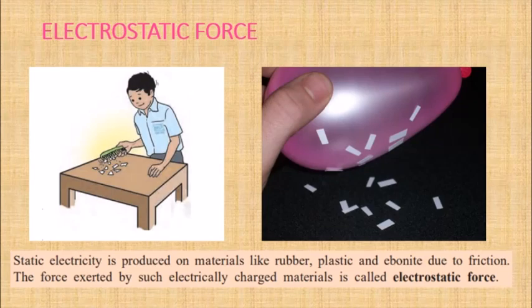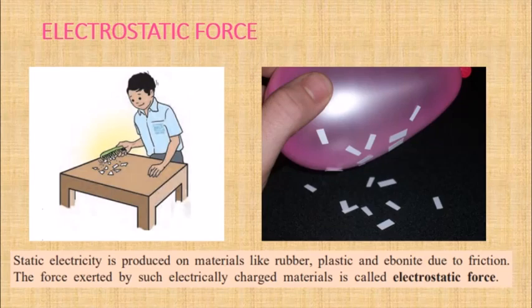And why are they attracted? Because a force is generated on the comb or the scale, called an electrostatic force. When the bits of paper come in contact with that force, they are attracted to it. So this is called the electrostatic force, or you can also say static electricity.